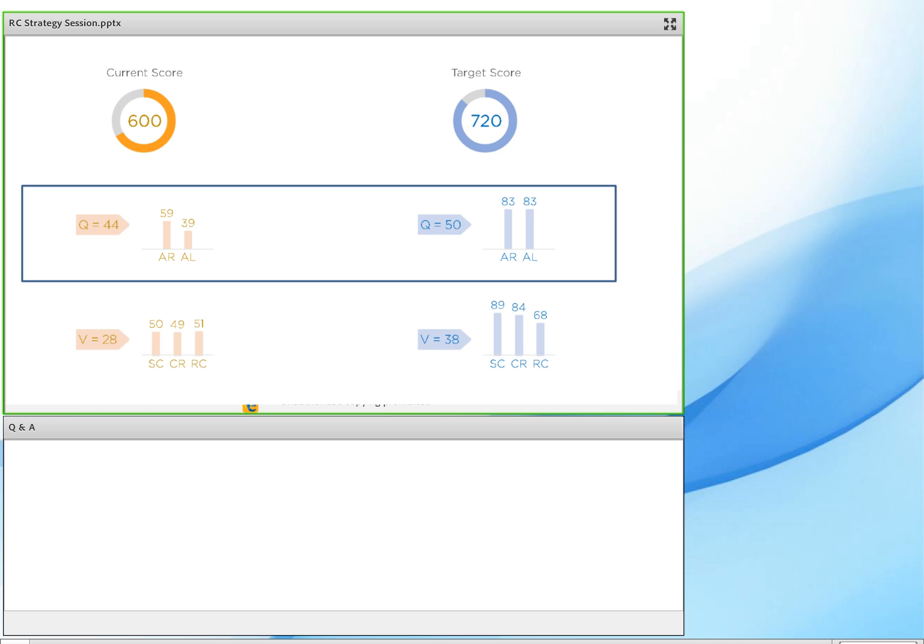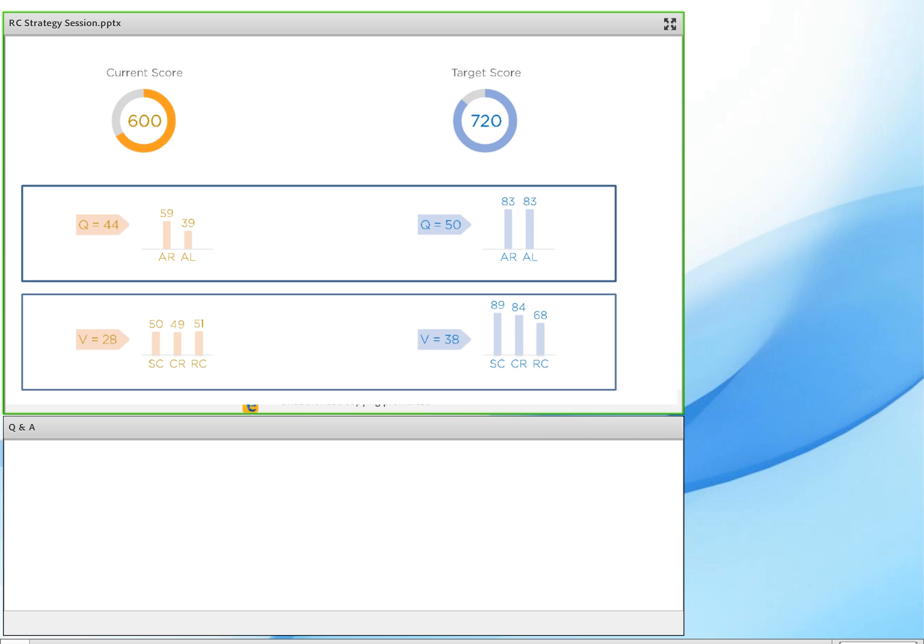And when it does that, your overall GMAT preparation looks something like this, where you are going from a Q44 and a V28, and with the starting abilities in arithmetic and algebra as 59 and 39, to a Q50 with the target abilities as mentioned over here. And similarly, just let me do that on the verbal side as well.